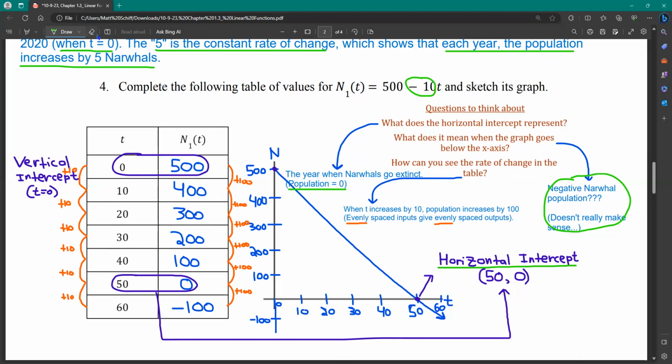But anyway, the population will decrease by 100 every time t increases by 10. So for evenly spaced inputs, you have evenly spaced outputs. So plus 10 for t means minus 100 for N of t. Evenly spaced inputs give evenly spaced outputs. Therefore, this table represents a linear function. Right, it says it here too. Okay, that's how you see the constant rate of change.